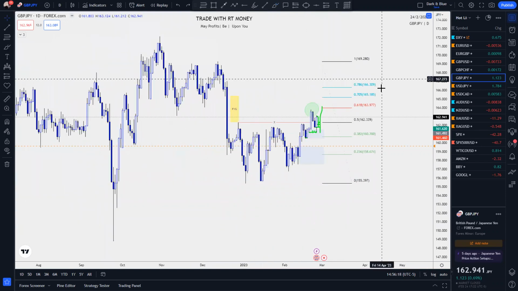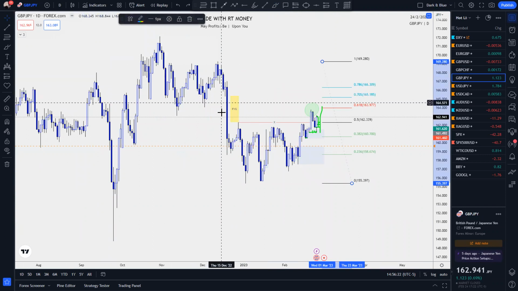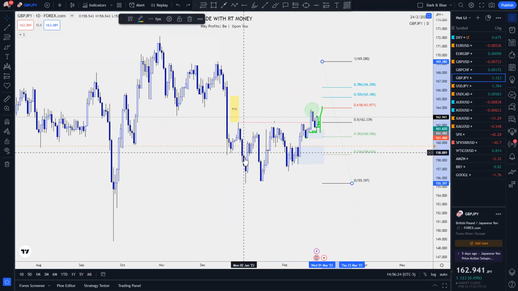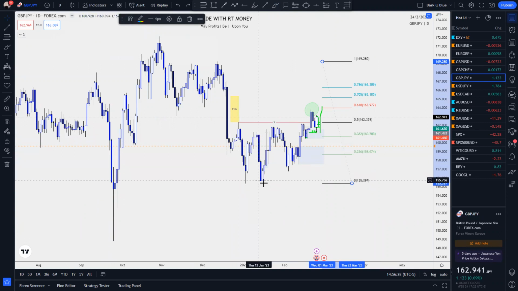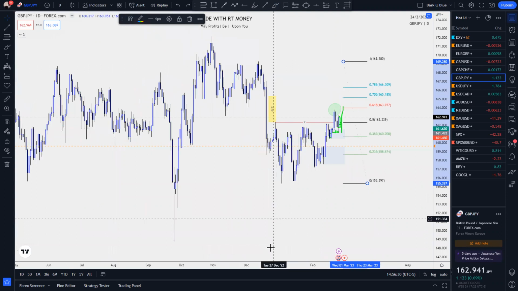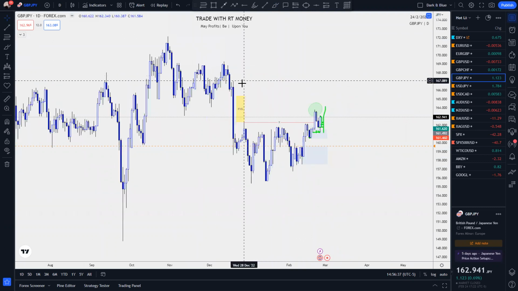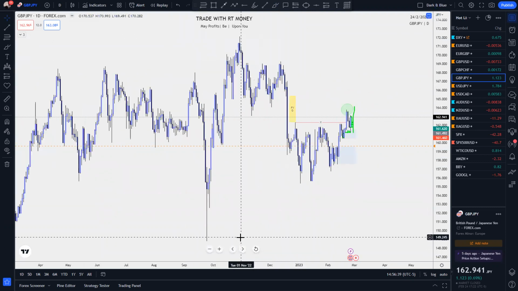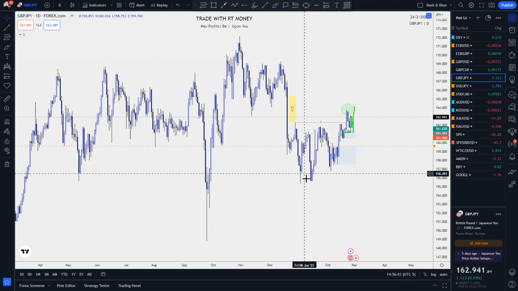I want you to see that I have this line up here. This is the high. I make a lower low, a lower high, lower low, lower high, lower low. But on the higher time frame, let me get rid of this because it's just going to throw me, I'm looking at swing high, swing low. We have this swing.